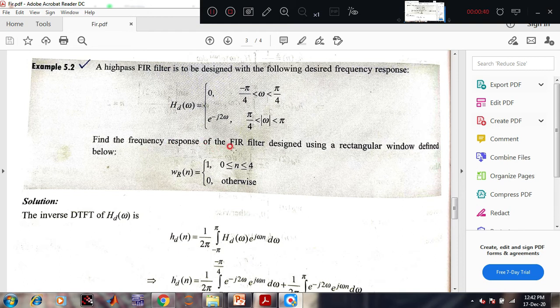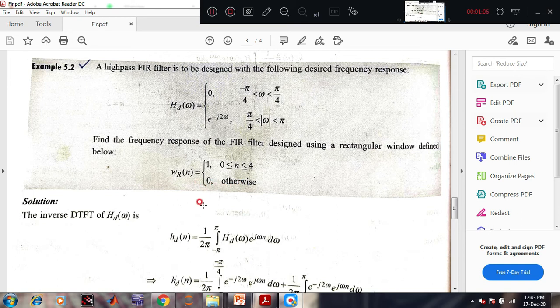Find the frequency response of the FIR filter designed using the rectangular window defined below. The rectangular window is given by WR of n equal to 1, where n is greater than or equal to 0 and less than or equal to 4, and outside this range the window function is 0.